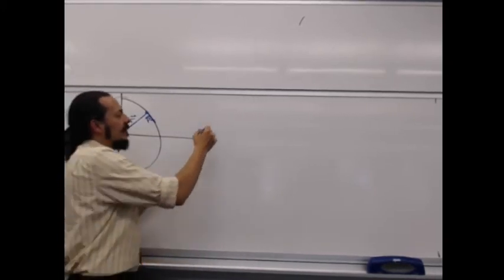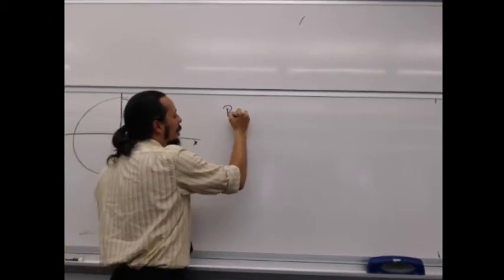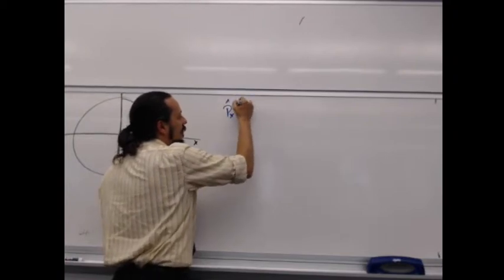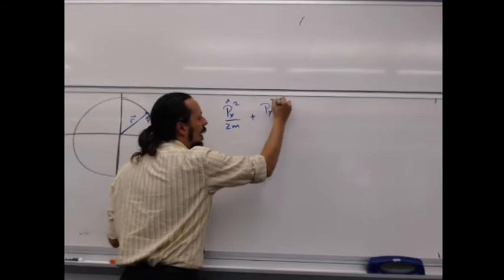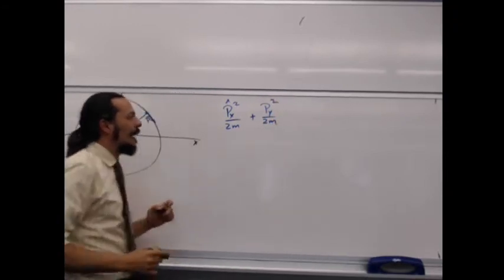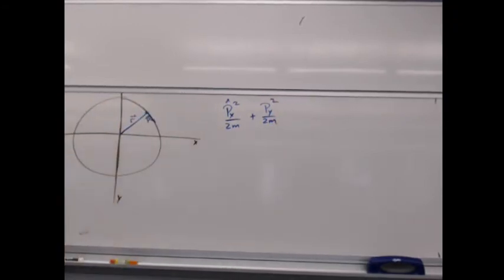In this case, I would have to look at the px squared over 2m plus the py squared over 2m. Right? I'm doing a two-dimensional system. I'm looking at how it's moving. Its x components, its y components are changing as it goes.